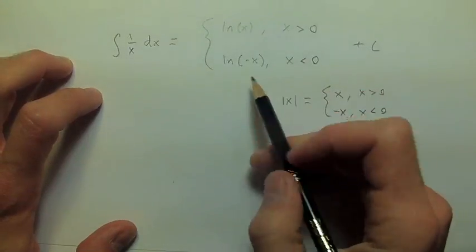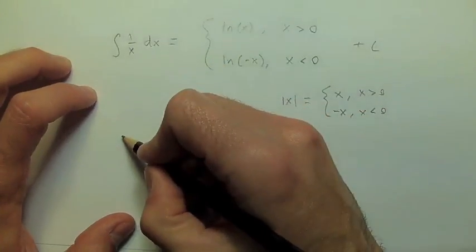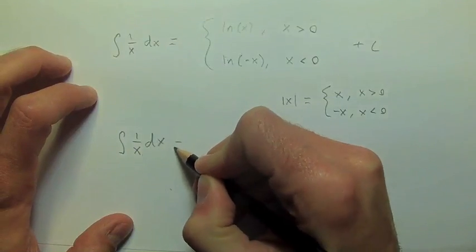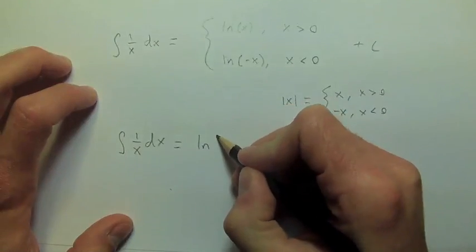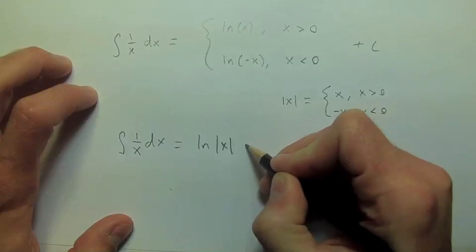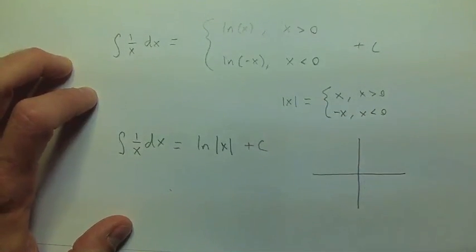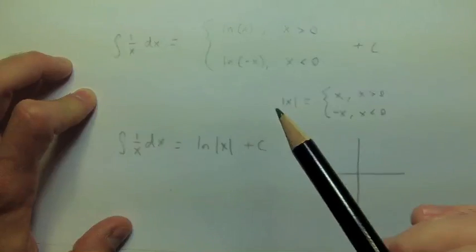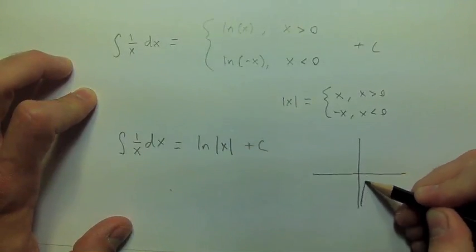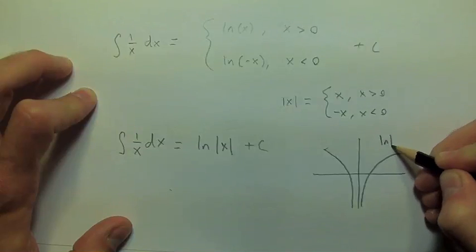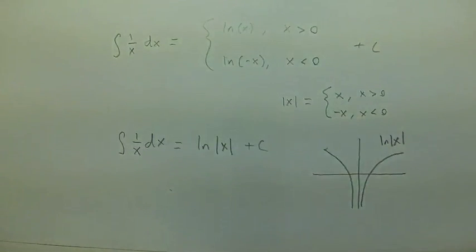So what this is essentially saying is that the integral of 1 over x dx is equal to the natural log of the absolute value of x plus c. And that is what takes care of everything, because the graph of the natural log of the absolute value of x looks like this. That takes care of the whole domain, and it takes care of both cases.